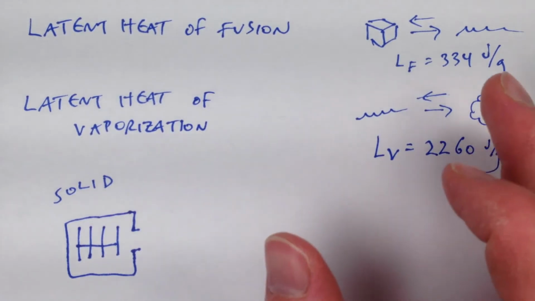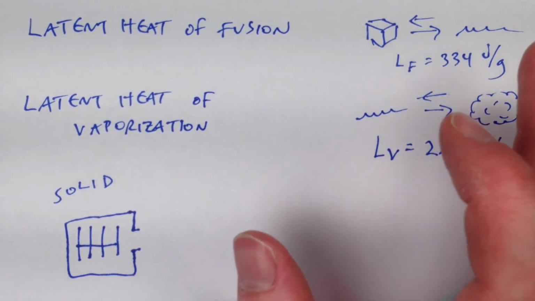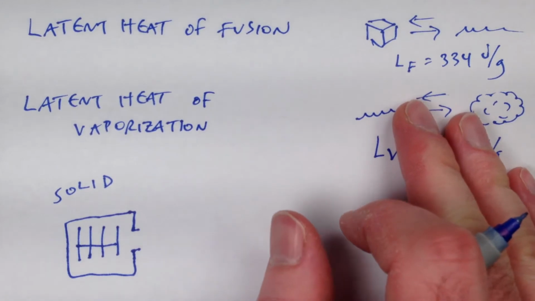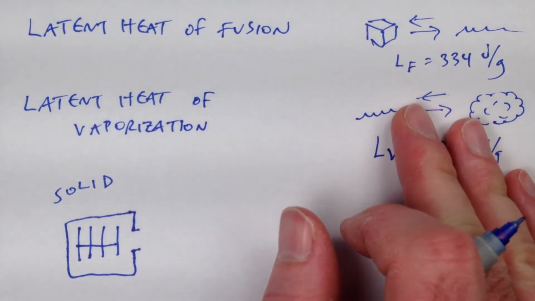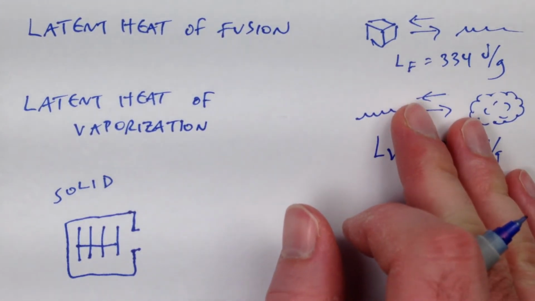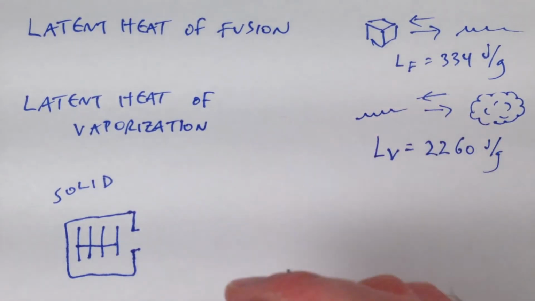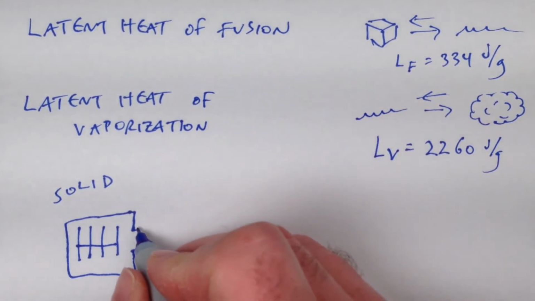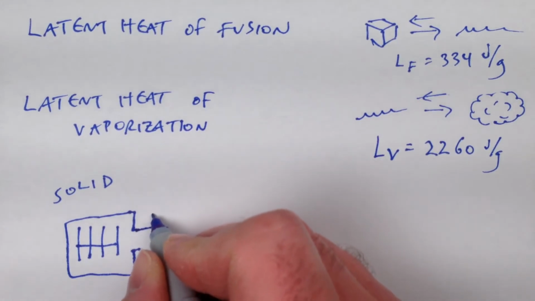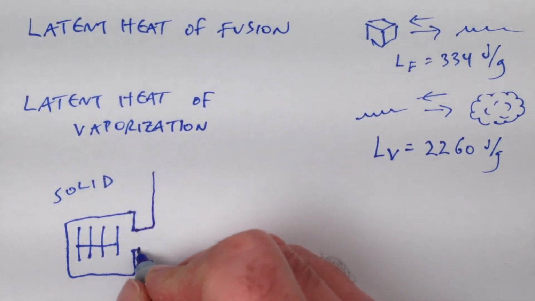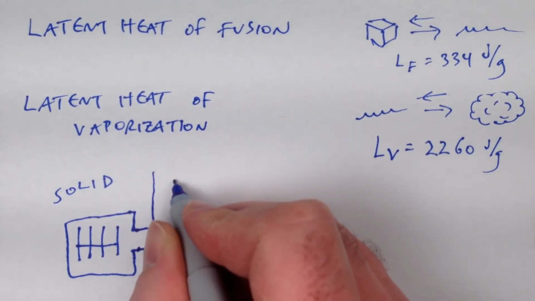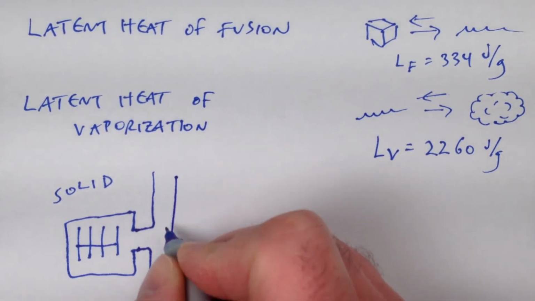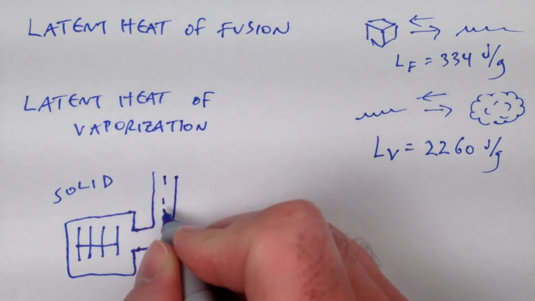Now, in a liquid, the particles do move faster, yes, because it's warmer, but they also are not stuck in a position. They can move freely. So I'm going to model that one more like the road that you could take that would turn into this parking lot.